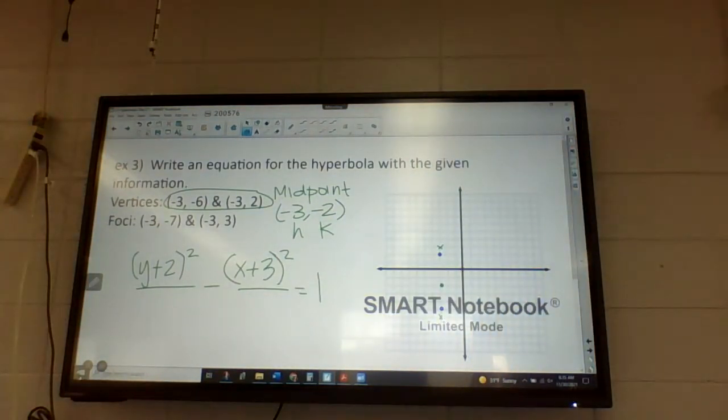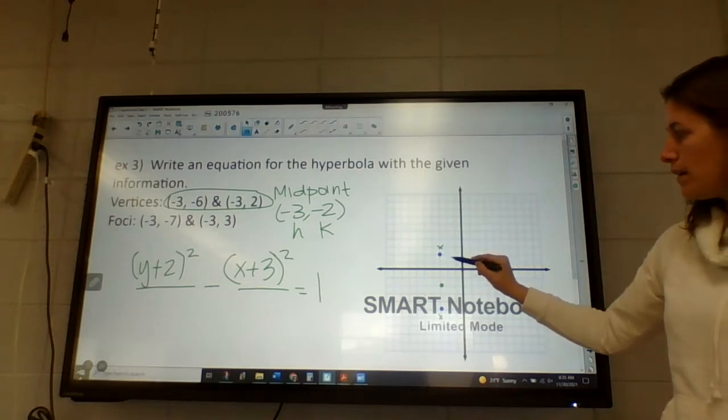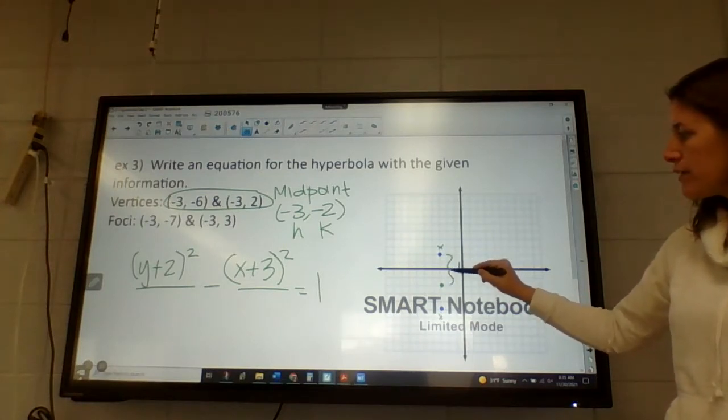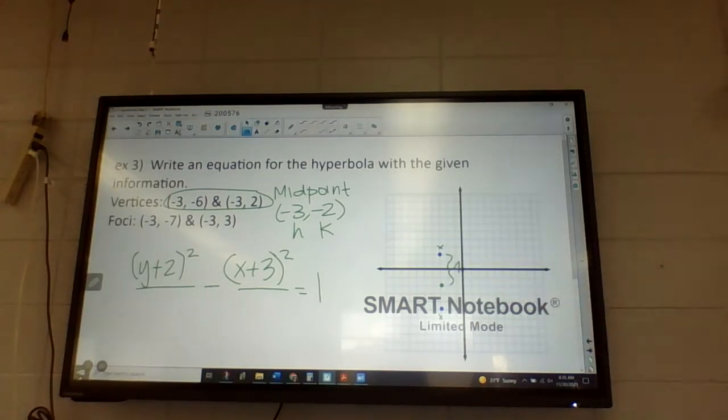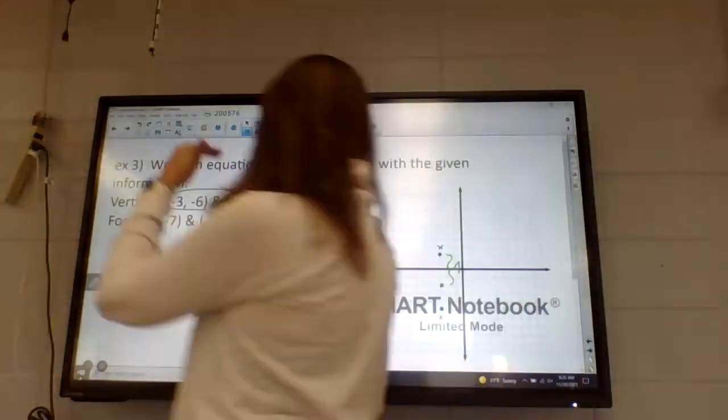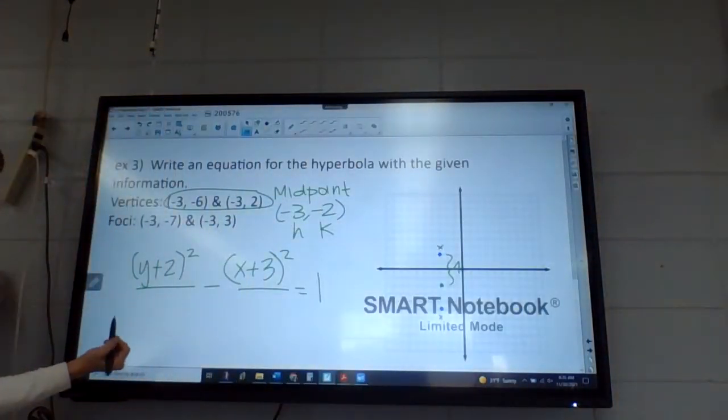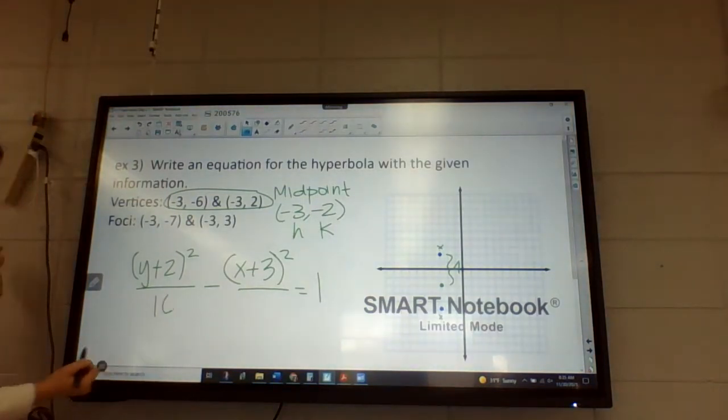Do I know either of the bottom numbers? Yeah. 16. Yeah, I know this one underneath the y, because that's going to be 4, the distance between the center and the vertex is 4, so it's going to be 4 squared, which is going to be 16. So we're looking for A still.